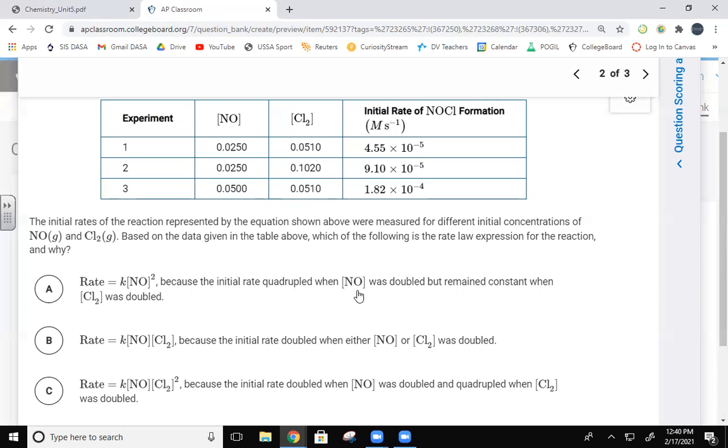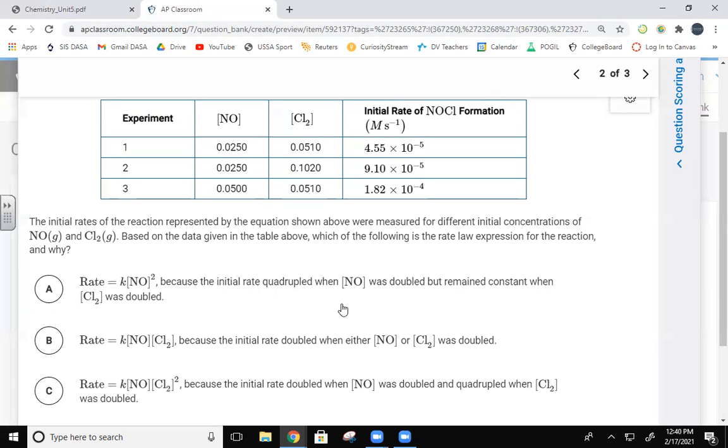When the initial rate quadrupled, do you see how that works? As we increase this, because of the square, we increase the rate. If we make this 2 times, we increase the rate by 4 times, right? Does that make sense?